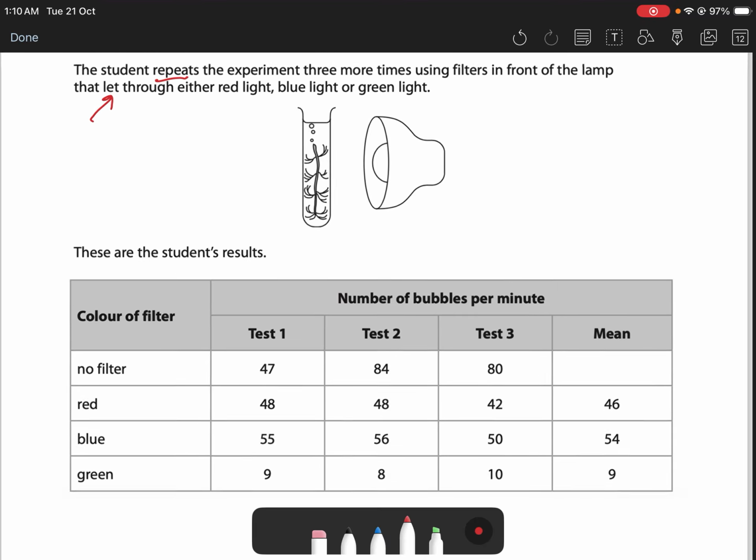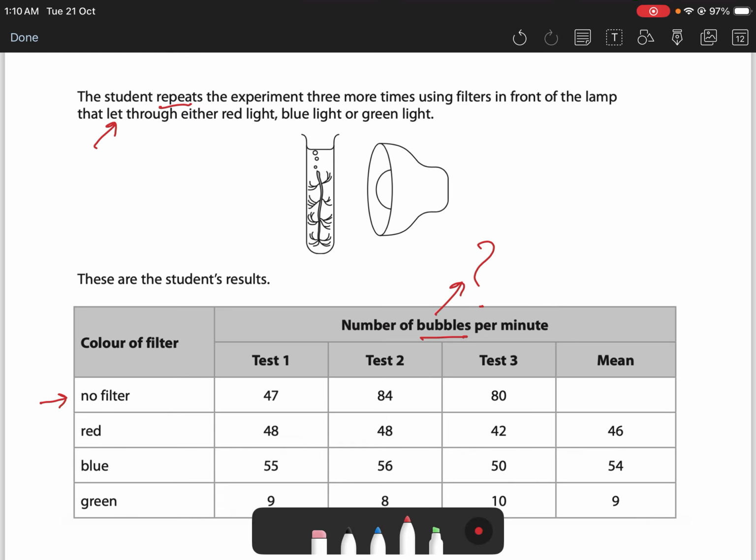That's a good question. So which process is this one? It is photosynthesis, right? And you know that the photosynthesis releases which gas? It is oxygen. So these bubbles are for the oxygen.